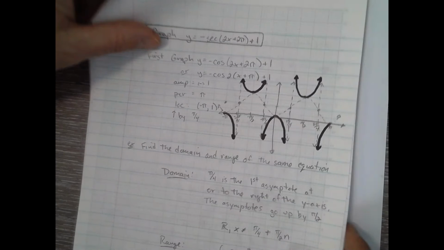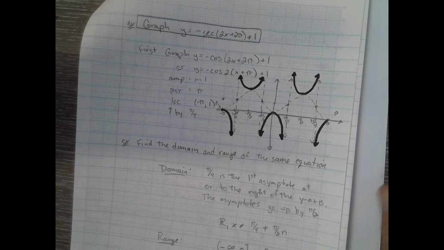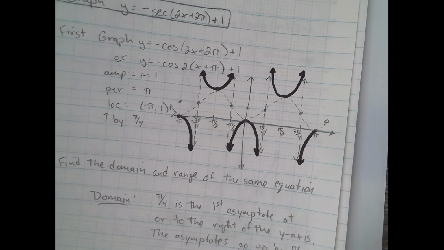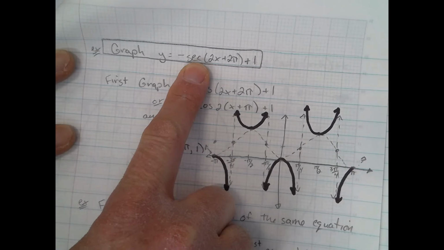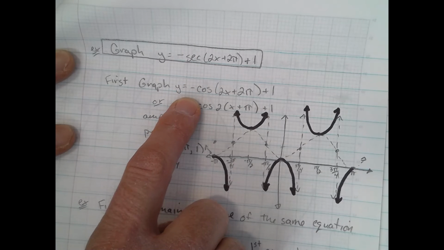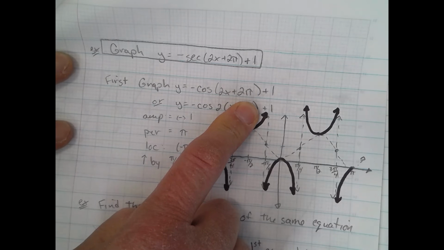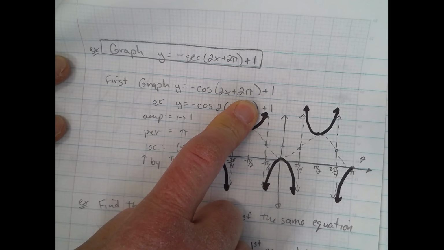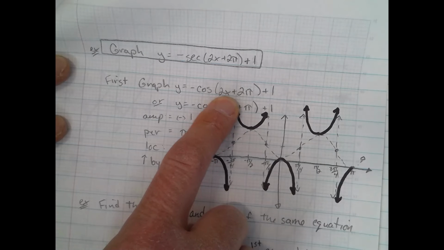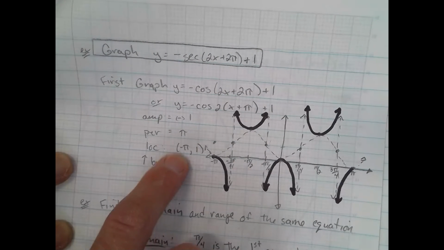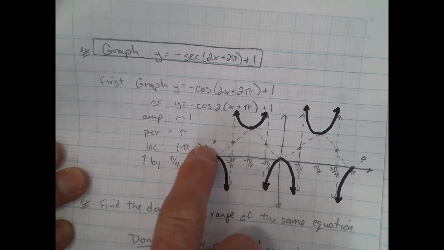This is a secant. So if we're going to graph this right here, you literally just change it to a cosine. So it's negative cosine and all that stuff. And you just had a quiz on graphing cosine also. So we graph it. First thing you have to do is take out the 2, and then find the amplitude, the shift up, all that stuff, the period. And you draw your dashed cosine curve.